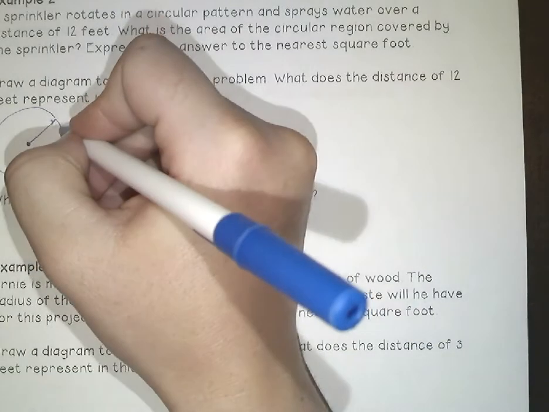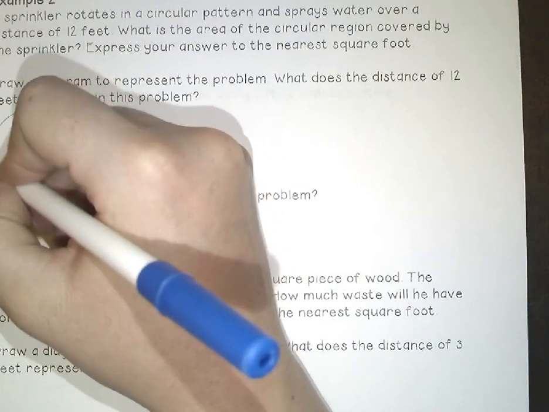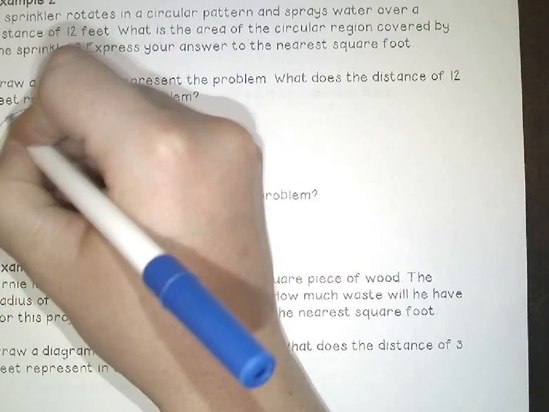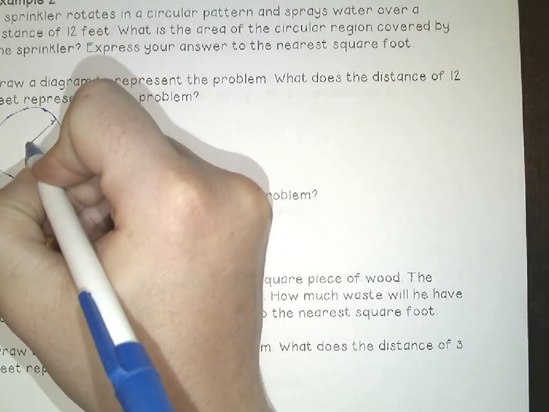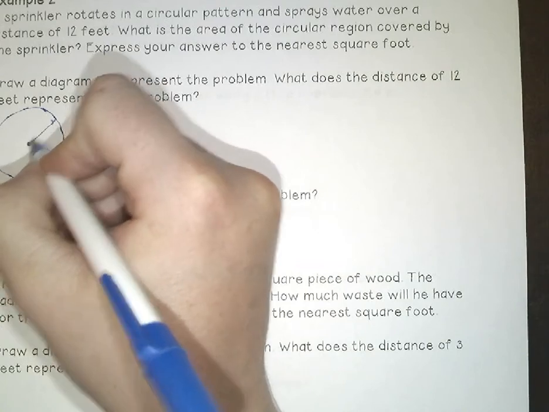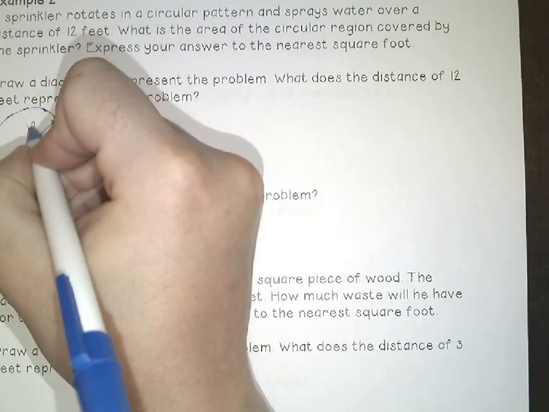That is the distance it is going around itself, making all of these points on our circular region. So the sprinkler rotates and sprays water over a distance of 12 feet. So from where the sprinkler is until it stops sprinkling is 12 feet.